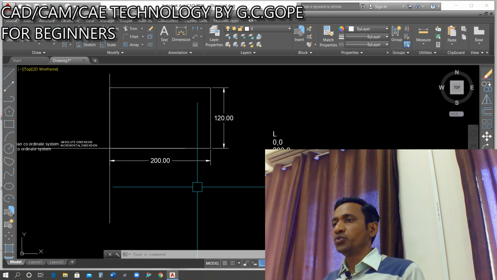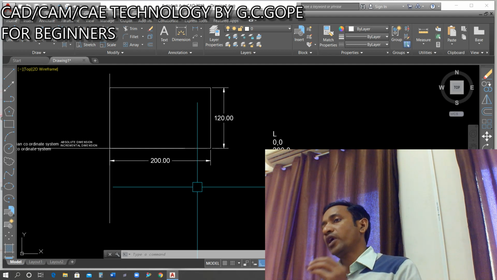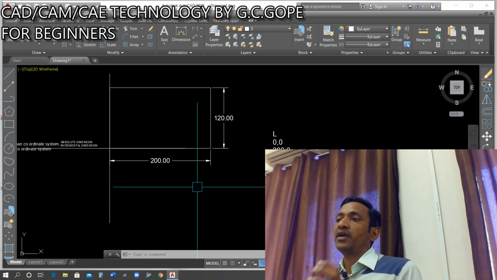So we have to give some sign to the AutoCAD software, so that AutoCAD will understand which coordinate system my user is going to use, either absolute coordinate system or incremental dimension. For incremental dimension we have to make this system understand. For that we have to put the at the rate symbol.